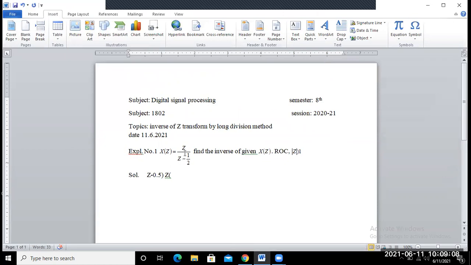So z by z minus 1/2, that means z divided by z minus 0.5. If you divide, the first quotient term is 1 times, so z minus 0.5.